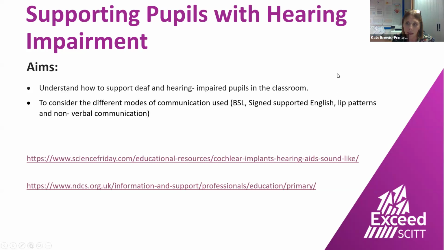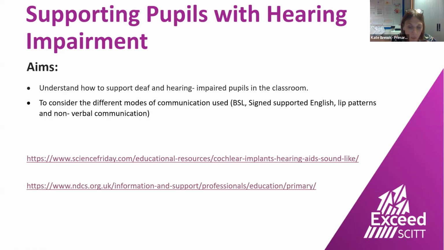In terms of the deaf community, it's a very strong community. There's a lot of politics attached to it in terms of what they believe and how they want to be viewed and seen. We have a mixture in school. Some families want children who are deaf to not use BSL at all.